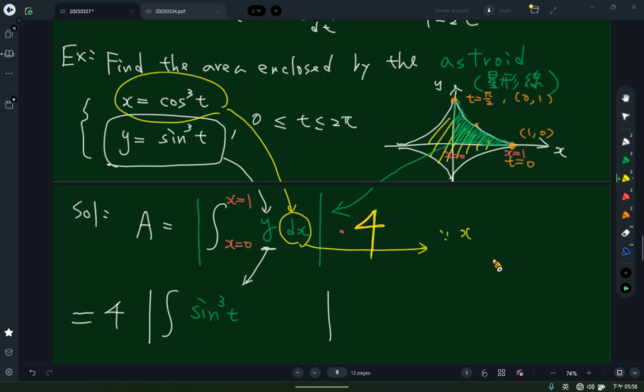Because x is equal to cosine cubed t, so that dx over dt is equal to 3 cosine square t times negative sine t.